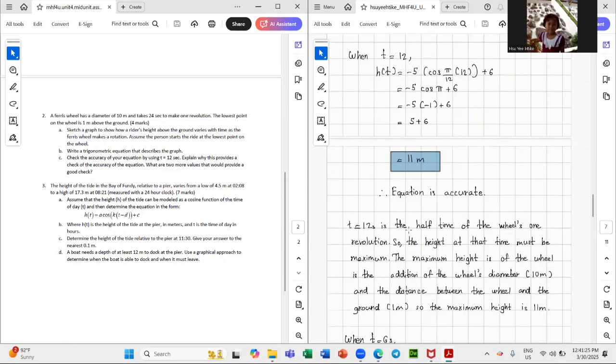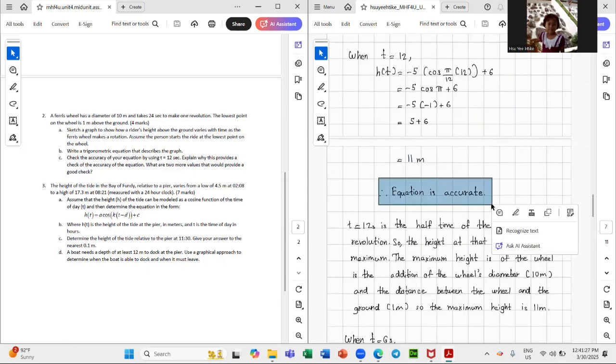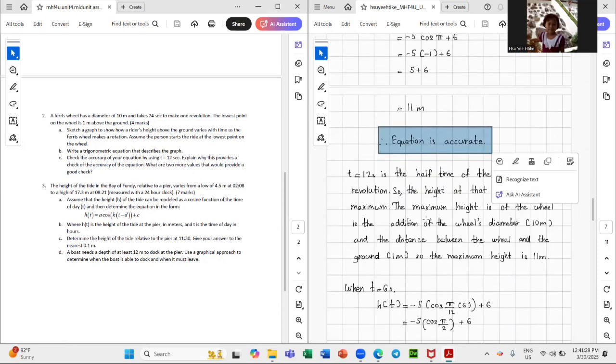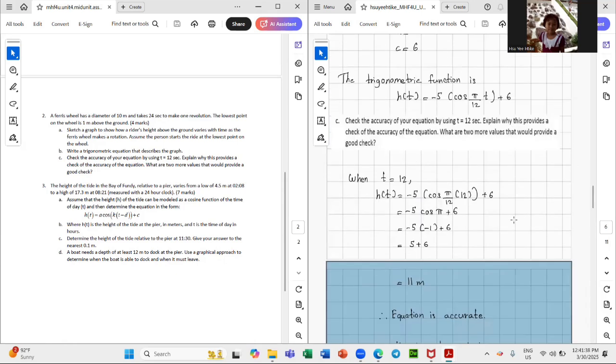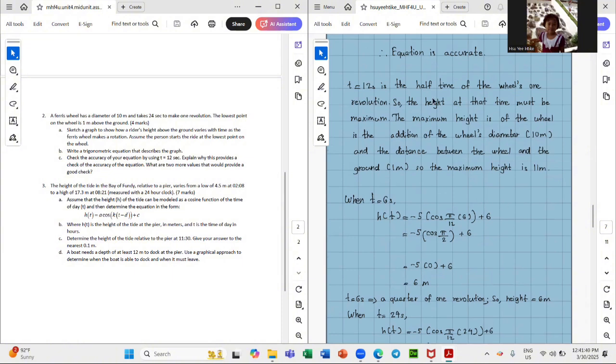So the equation is accurate because time equal to 12 is the half time of the wheel's one revolution. So the height at that time must be the maximum height.